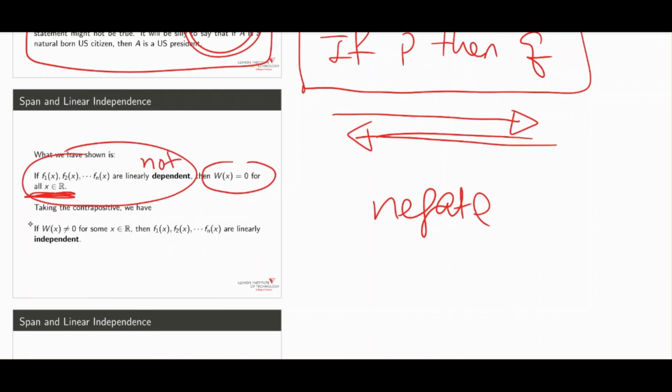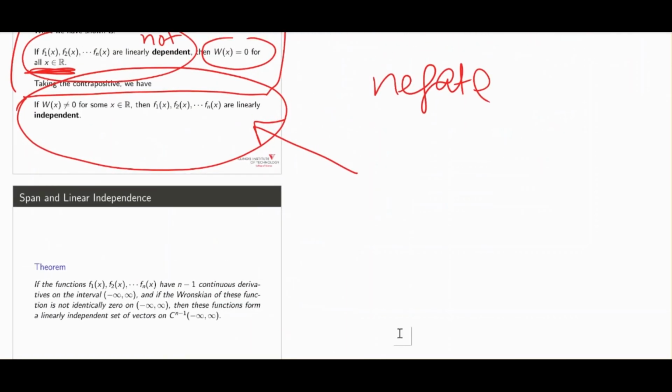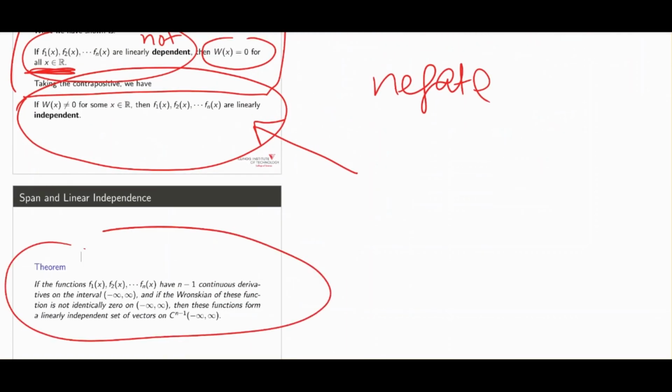So let's take the contrapositive, and this is the one that's useful for us, and that's a theorem right here. If you have functions that are differentiable, and the Wronskian of these functions is not identically 0, which means it is not 0 for some x, so it is not completely 0 everywhere, then the functions are linearly independent.